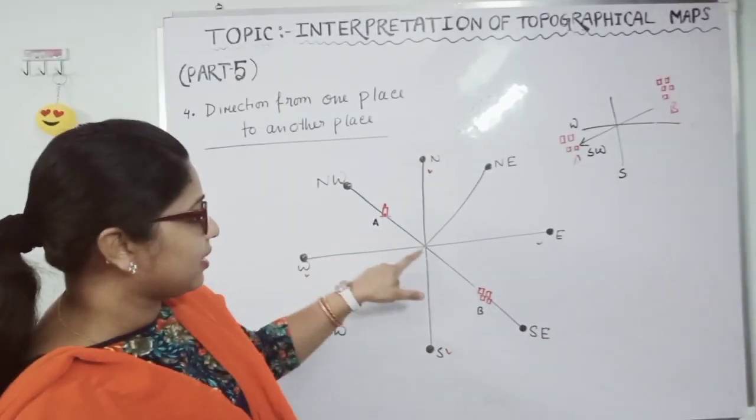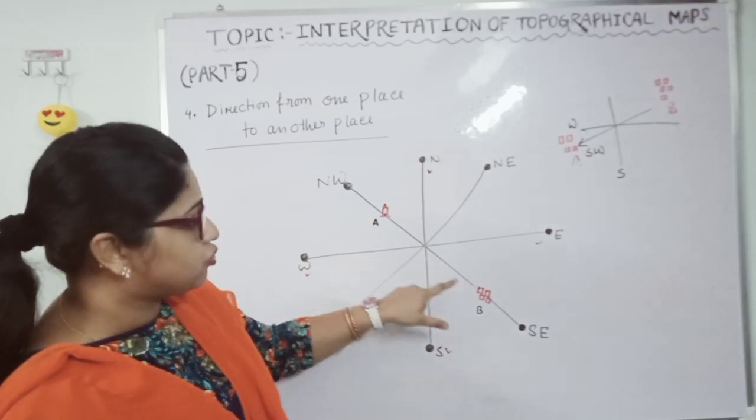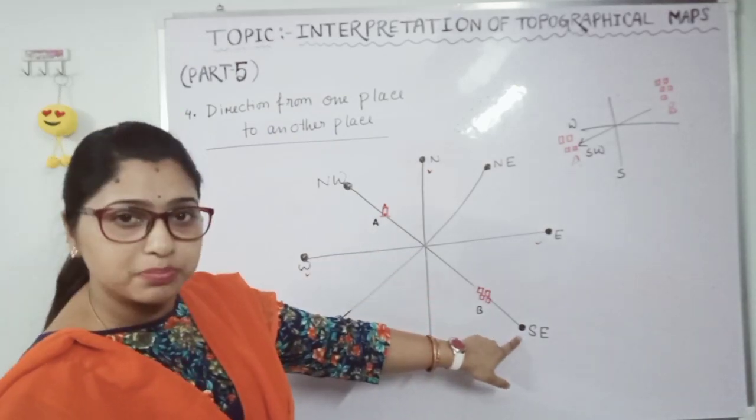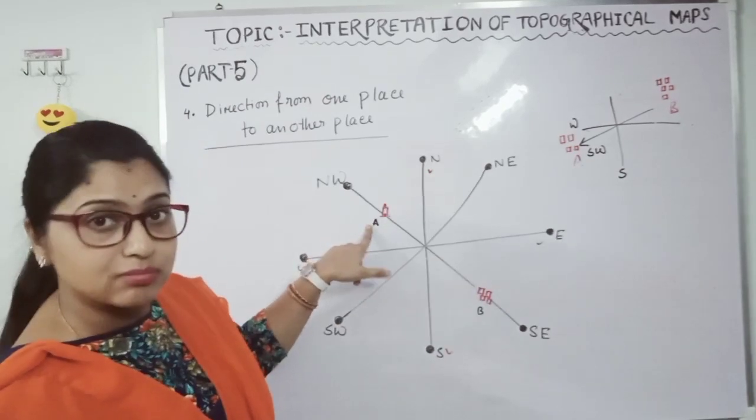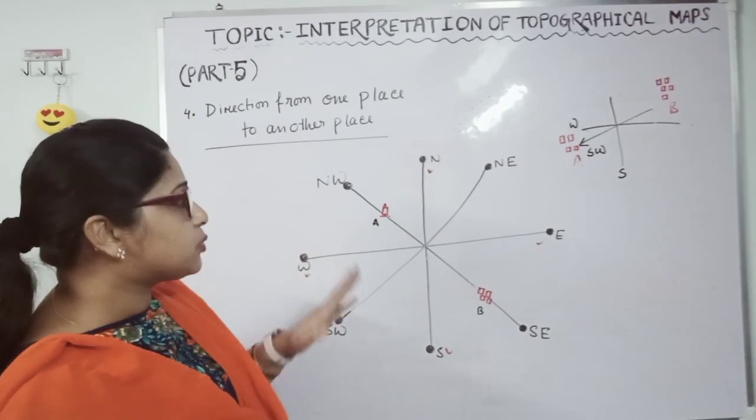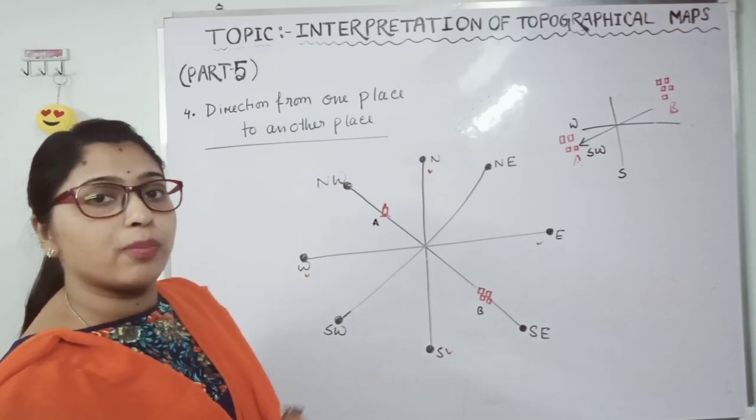So you can easily see it is situated in the southeast part from that temple A. Okay, this way the settlement can be on any side.